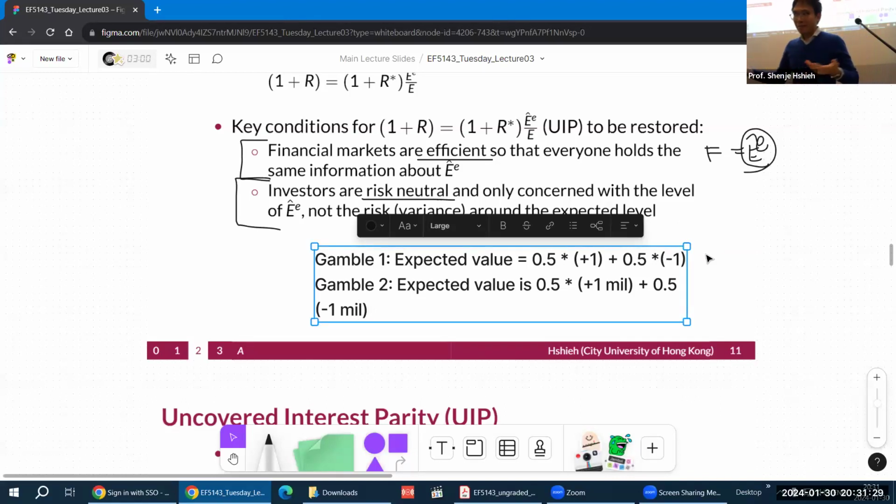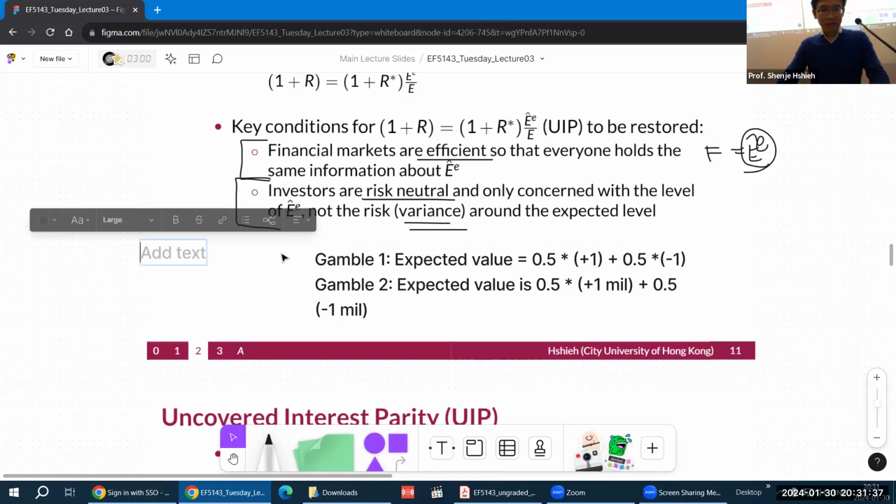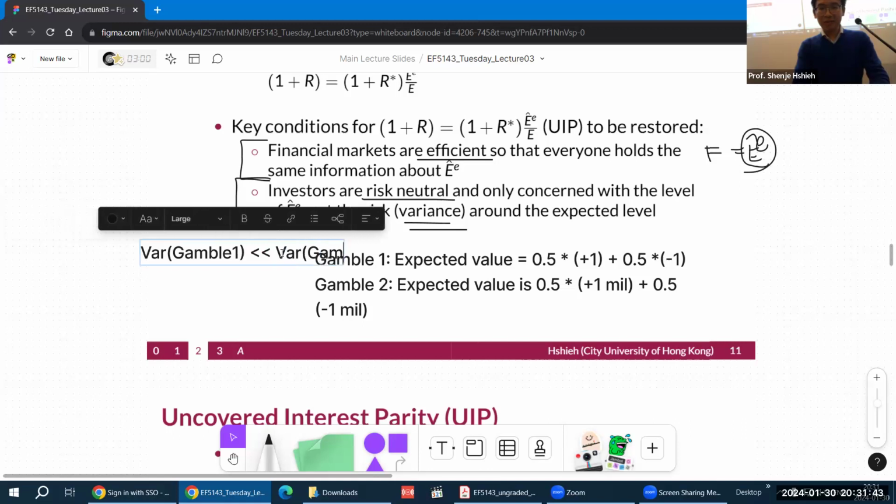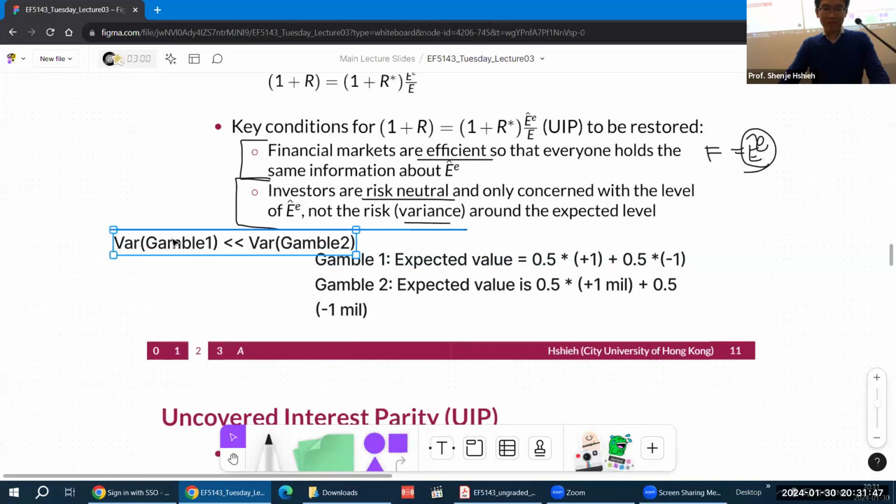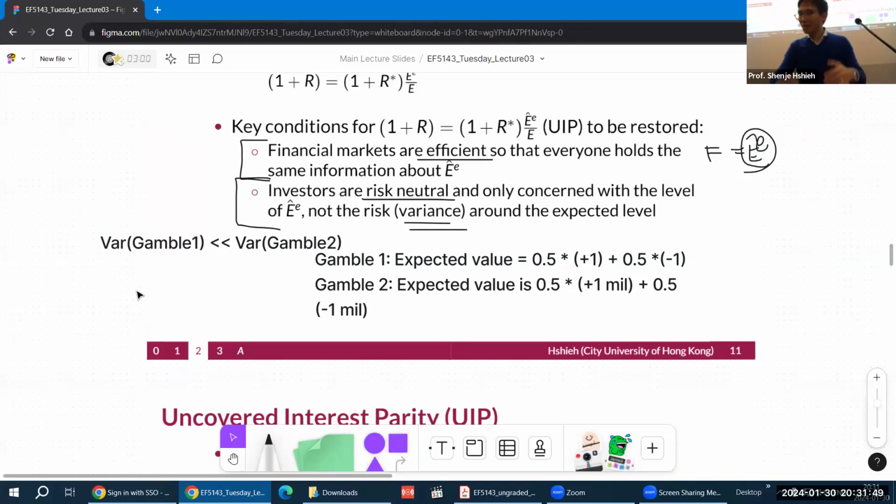Should be the same, right? Because you're just taking an average of both sides, and it's symmetric, so the same mean, but the variance of gamble one is much smaller than the variance of gamble two, and you just use the variance definition, right? It should be clear. The variance explodes for gamble two.